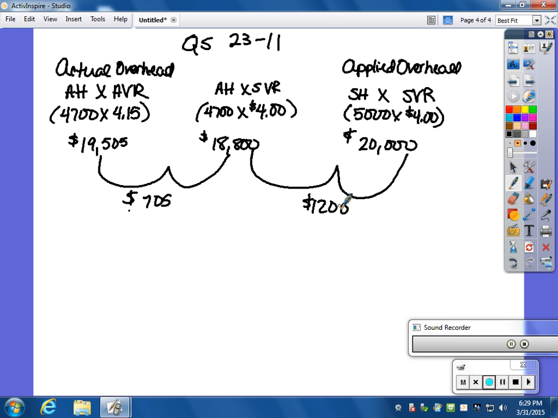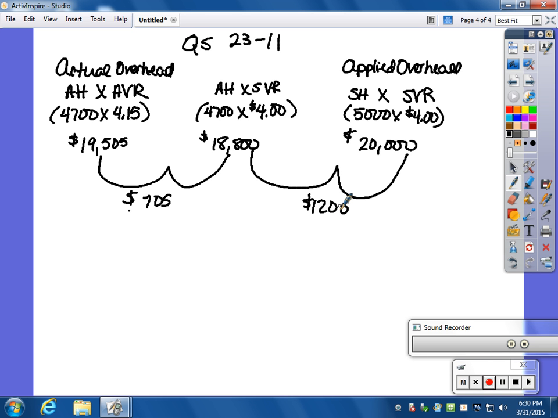So this is what I want you to see. Notice on this side of actual, we did not care about hours, but we did care about rate, standard rate, actual rate. When we came over here to applied, we cared nothing about rates, but we did care about hours changing.